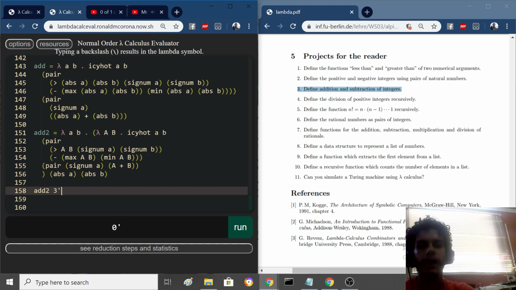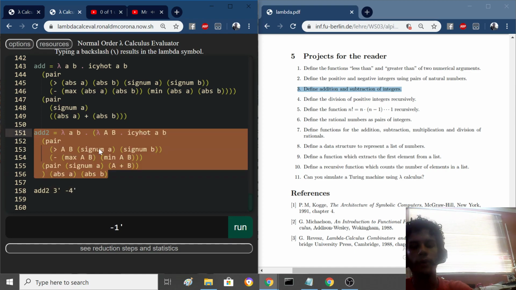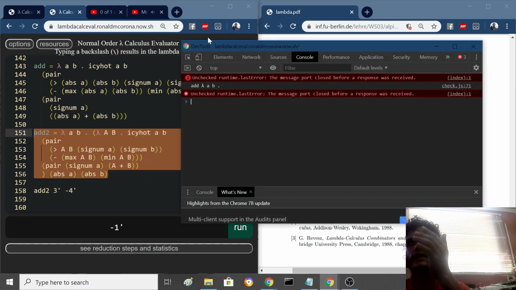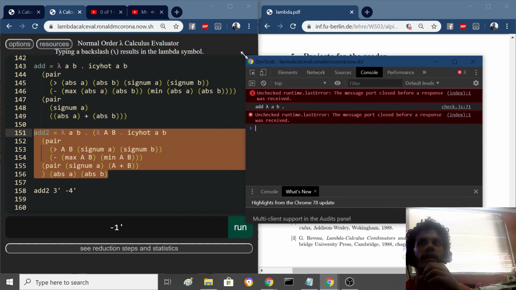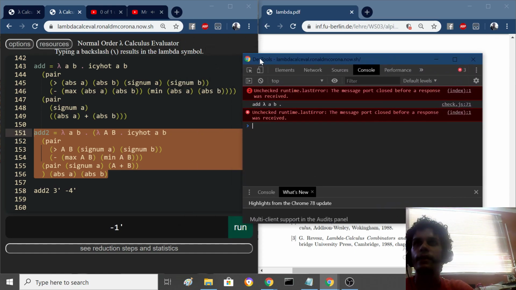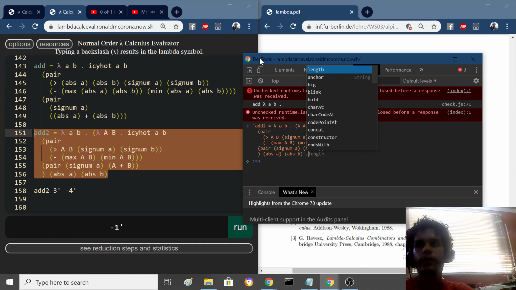So let's add a couple things, and it seems to be working. Okay, it's not that easy to see. It doesn't look like that big of a difference. So I'll just show you real quick that one of them is a lot shorter.